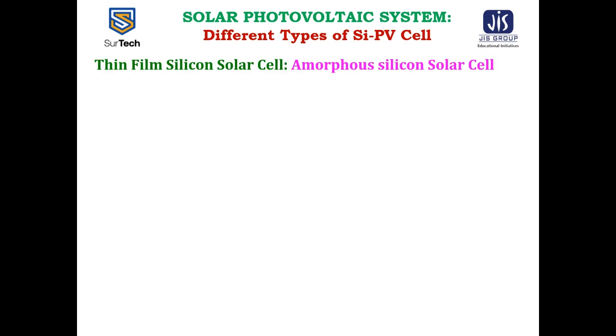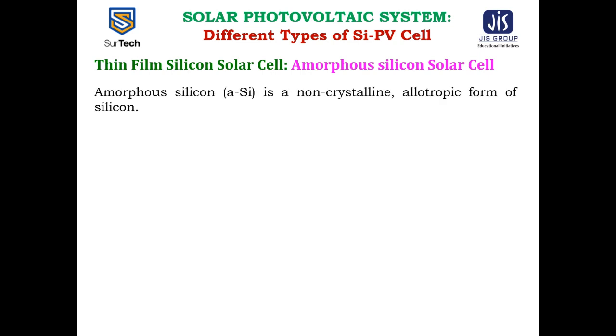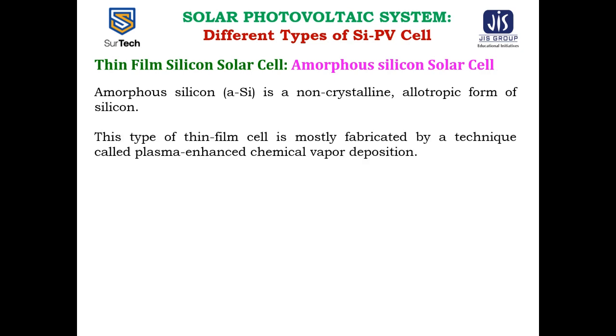Now the amorphous silicon type thin film solar cell. Amorphous silicon is a non-crystalline allotropic form of silicon. This type of thin film cell is mostly fabricated by a technique called plasma enhanced chemical vapor deposition, that is PECVD. The amorphous silicon has no long range periodic order.